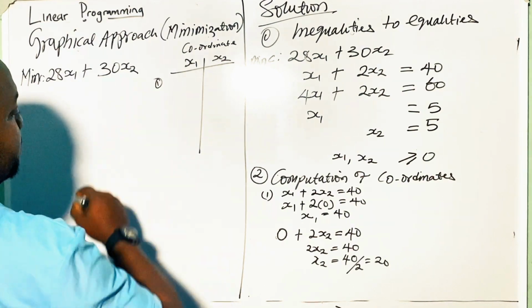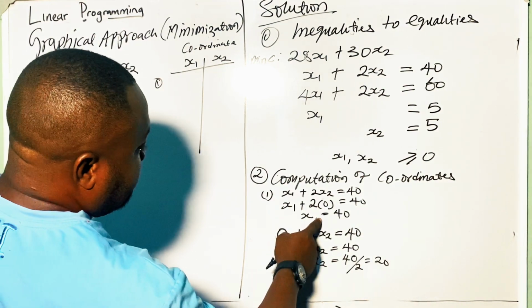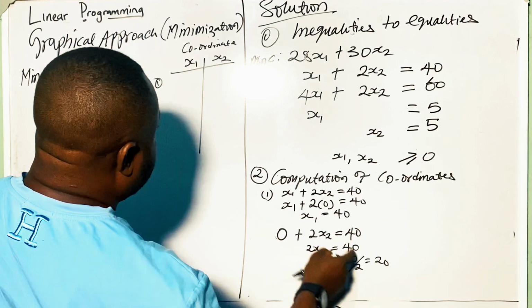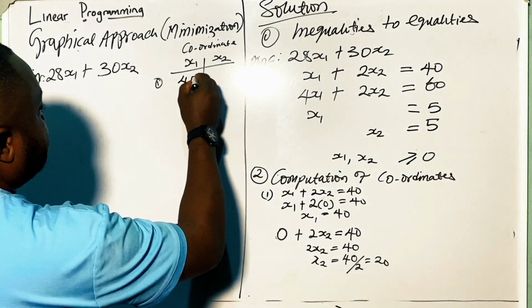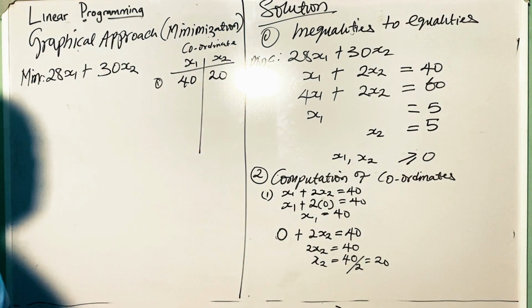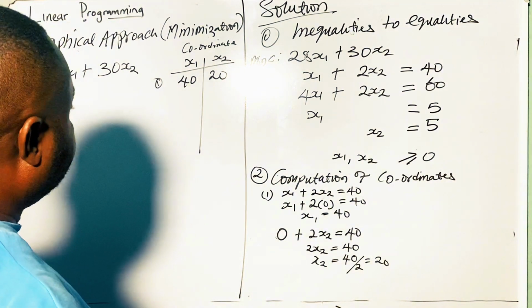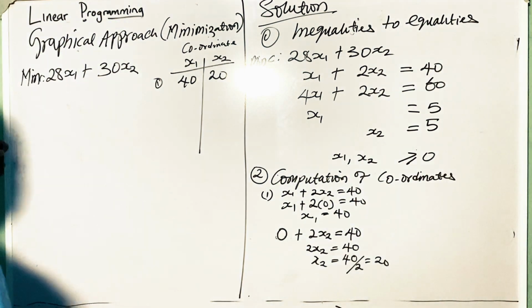For the first one, when x1 is 40, x2 is 20. We have 40, 20. I'll compute the rest here.